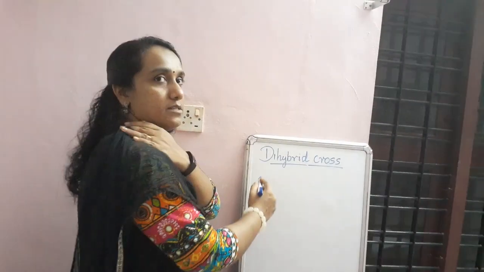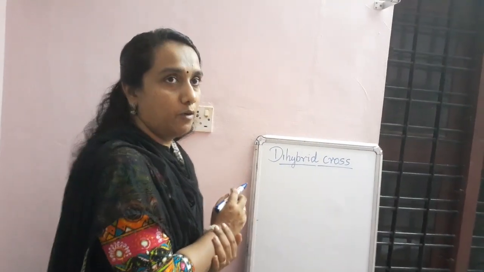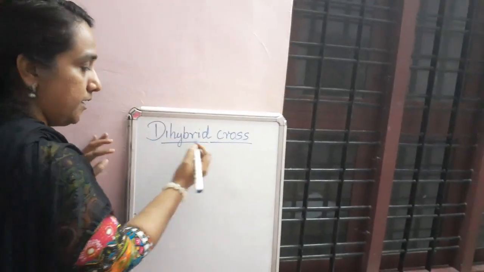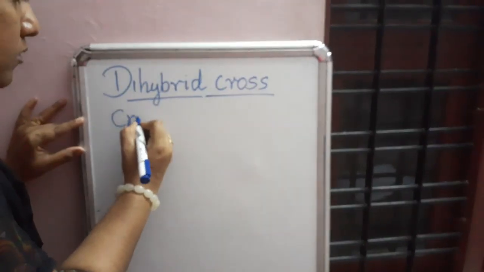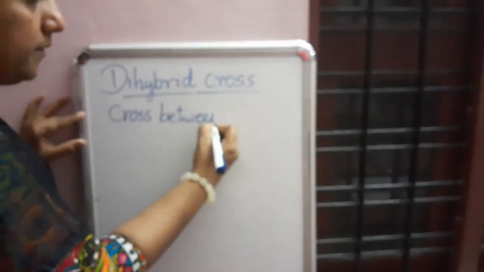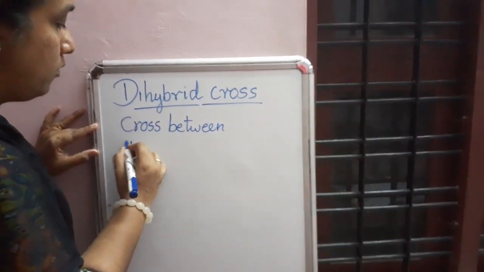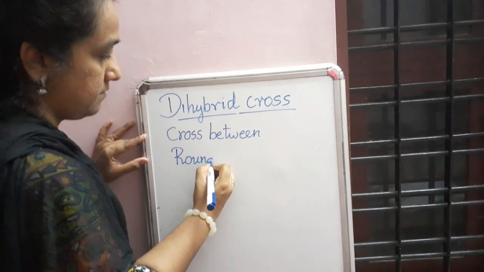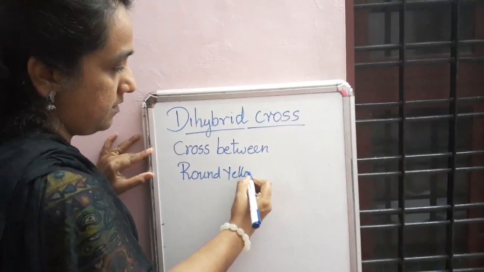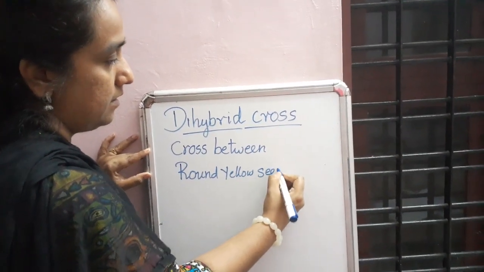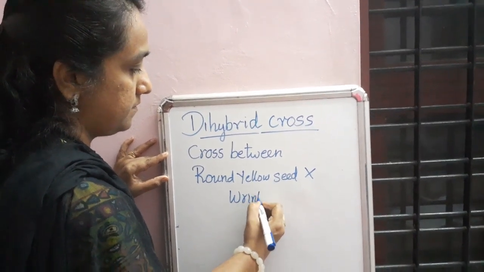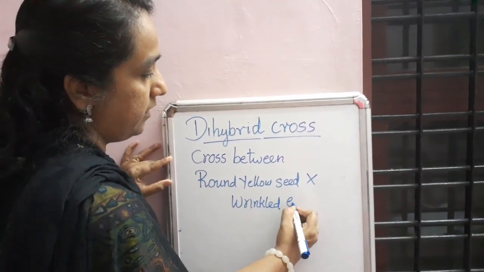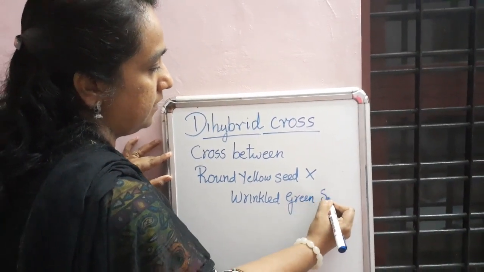So, dihybrid cross. We are taking two plants and we are crossing them. So we are considering two characters. It is a cross between, you can write it down in your rough notebook, it is a cross between round yellow seed cross with wrinkled green seed.